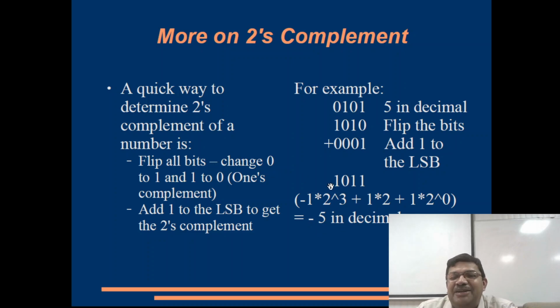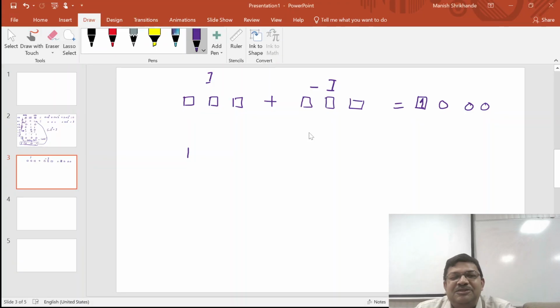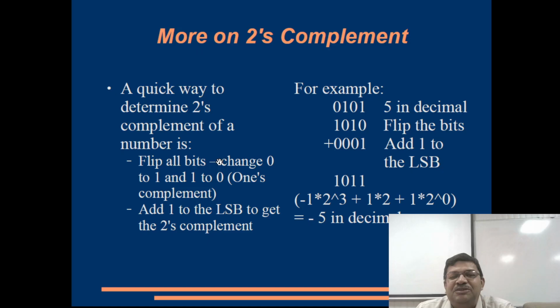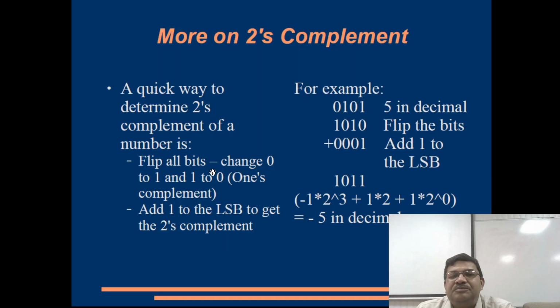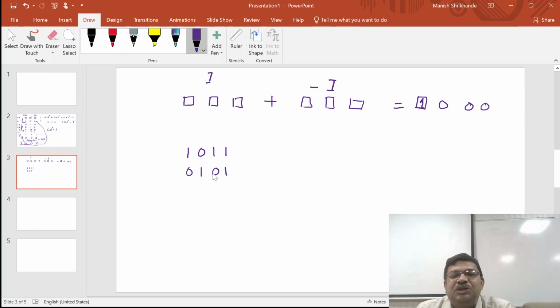And if you add this number with this number, what do you get? Let us do that. What do you have? 1011 and 0101. This is 0, 1 carry, 0, 1 carry, 0, 1 carry, 0, 1.